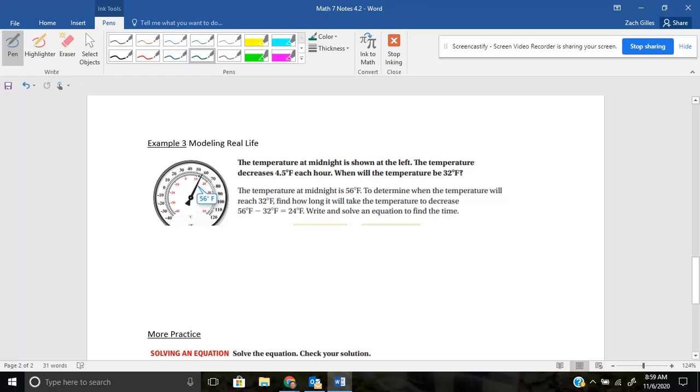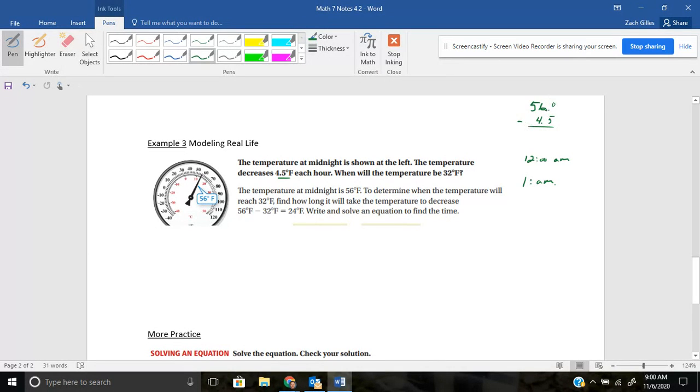Okay, so as 1 hour goes by, when it goes from midnight, so 12 a.m. to 1 a.m., 1 hour has gone by, so it's decreased 4.5 degrees. So if it started at 56 and we subtracted 4.5, what would we be at?